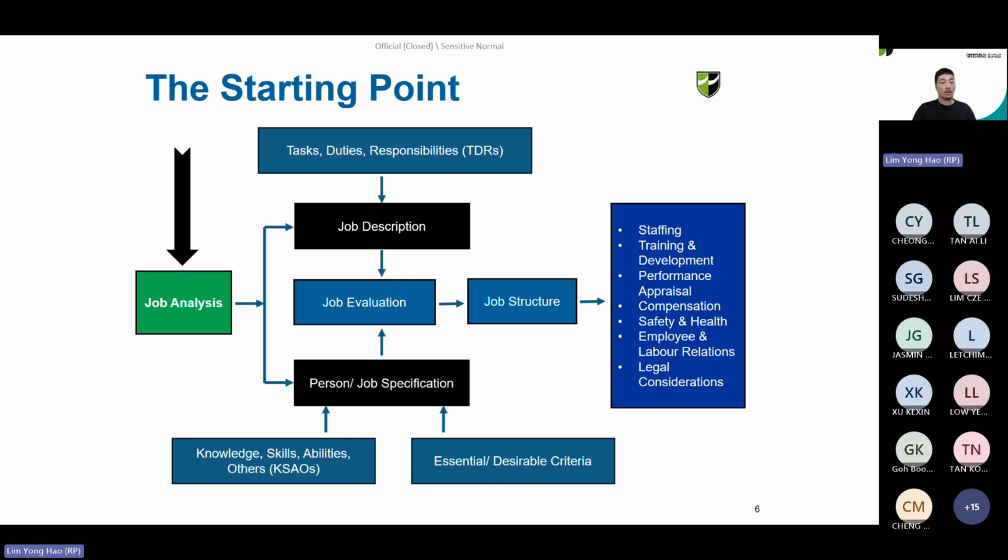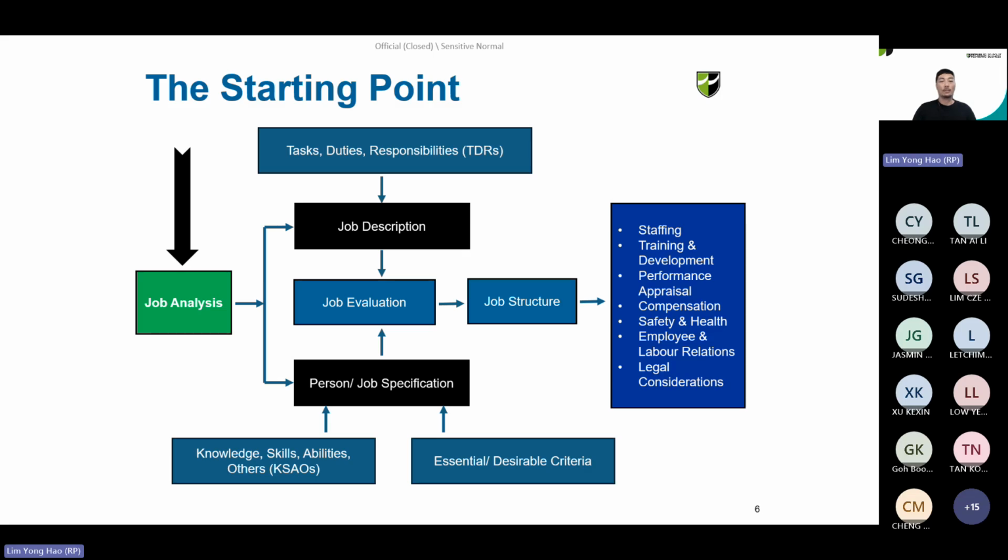Generally, we use the broad term KSAOs to describe all the things that an employee will need to possess to be able to do the task or fulfill the responsibilities and duties effectively. So there are two aspects to this. When you put this together, you'll be able to identify what the job is, and what skills, abilities, or attributes would be desirable or essential to perform the job effectively.